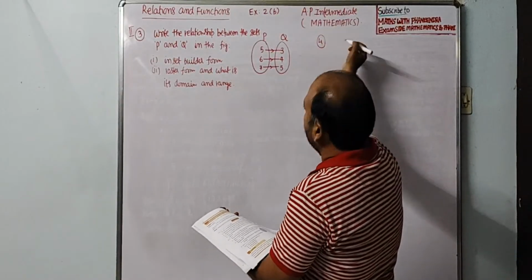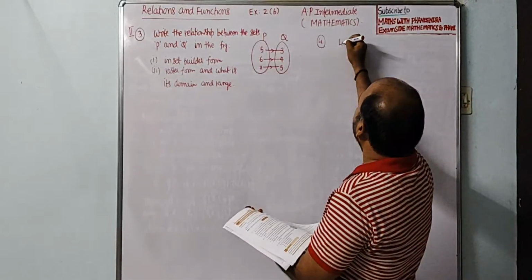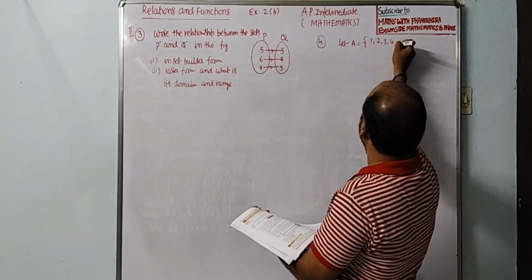Question number 4 and last question in this exercise 2B. Let A equal to {1, 2, 3, 4, 6}.